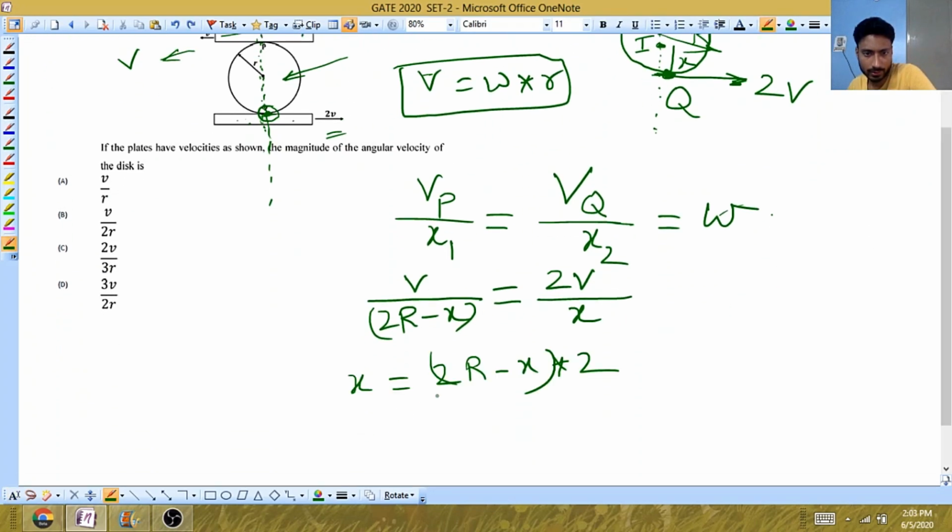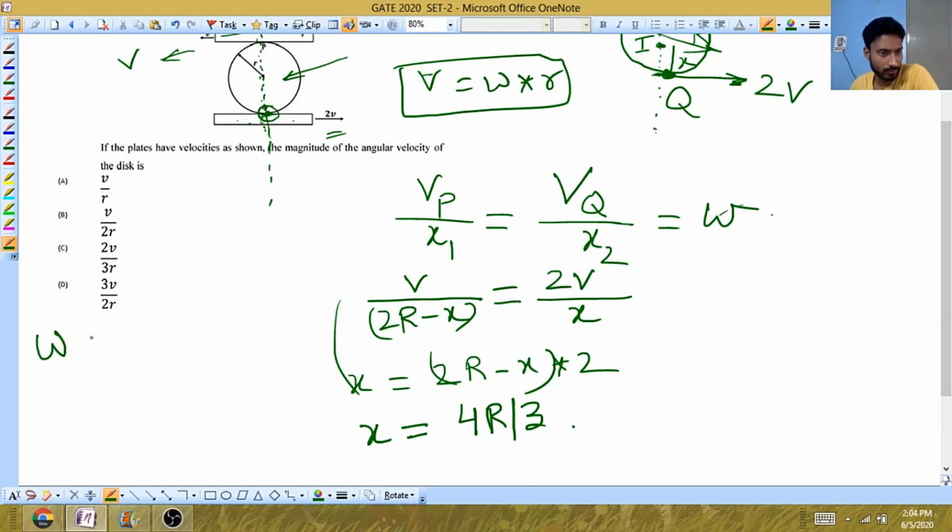After solving, you will get x, then substitute this x value anywhere, here or here. So omega will be 2v by x. x is 4r by 3. So if you solve this, you will get 3v by 2r.